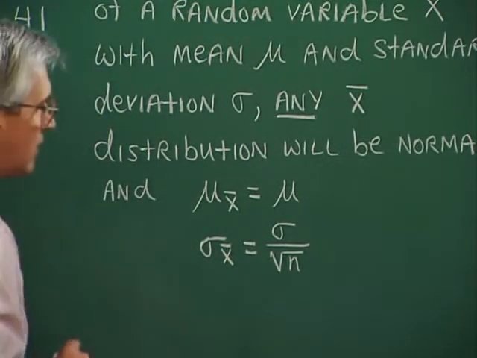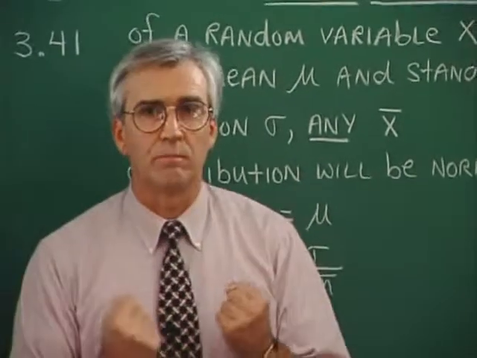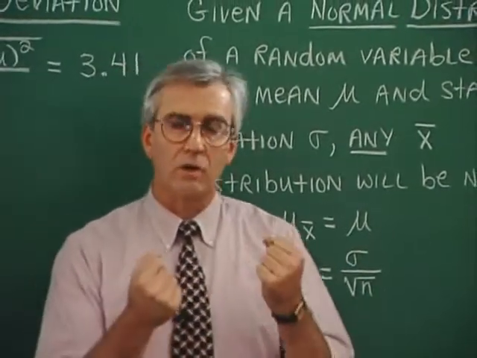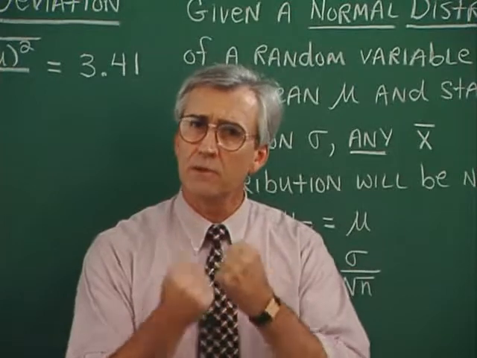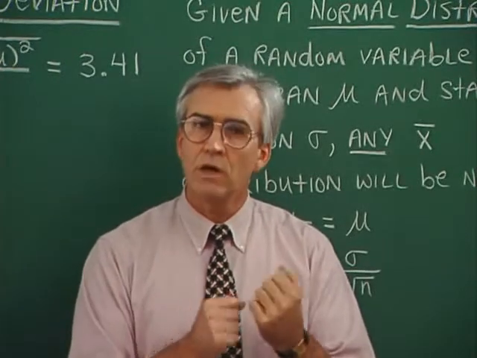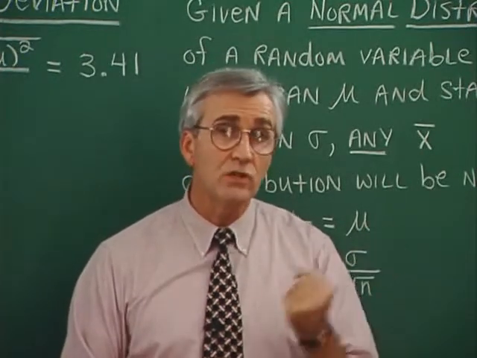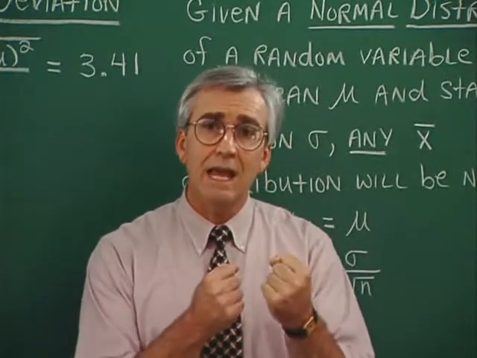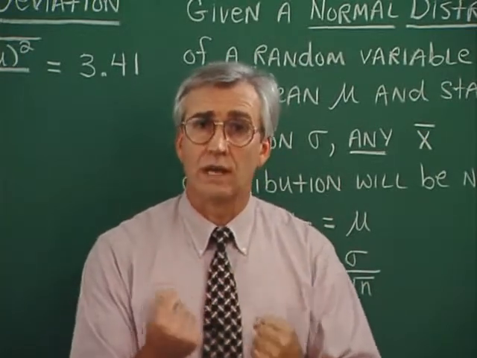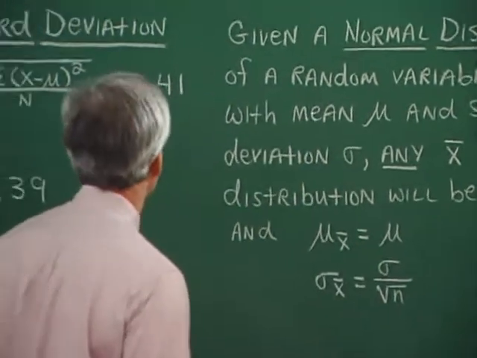All right, there's one other notion that we want to bring into play here and talk about mathematically. From a manipulative standpoint, if we're going to make some calculations, we need to bring z into the picture. We need to be able to make some z-score calculations.